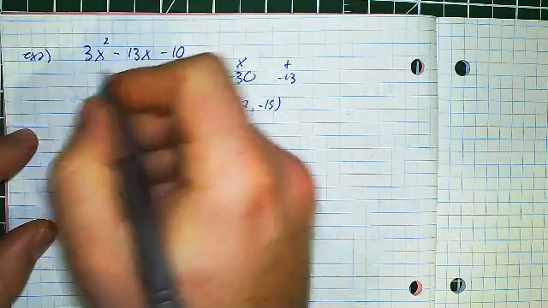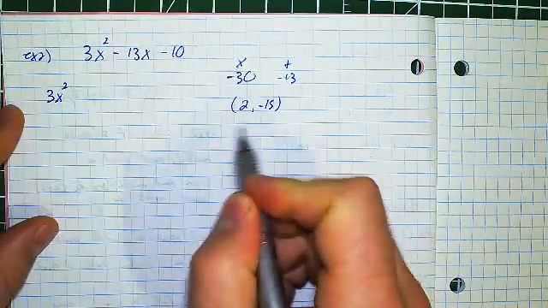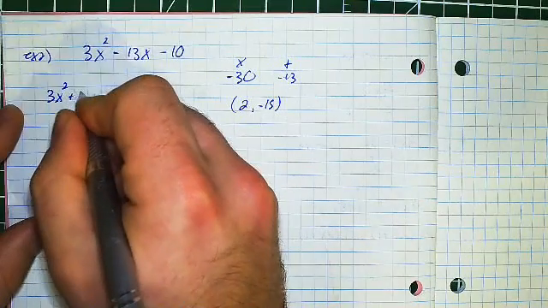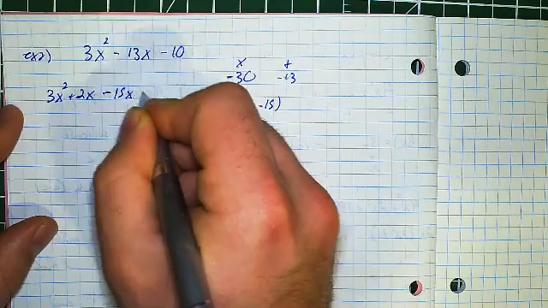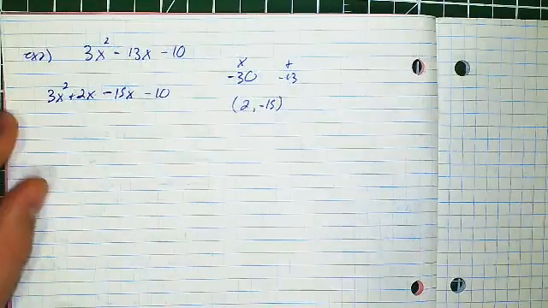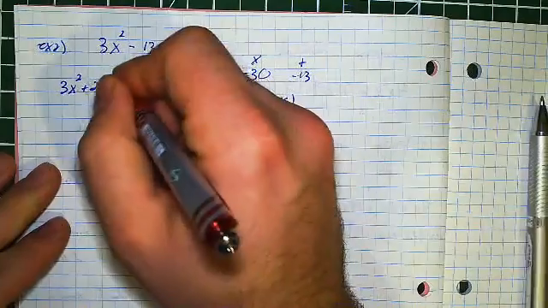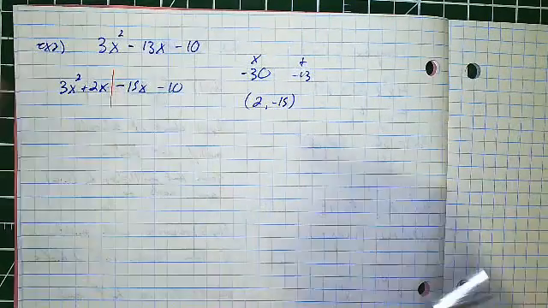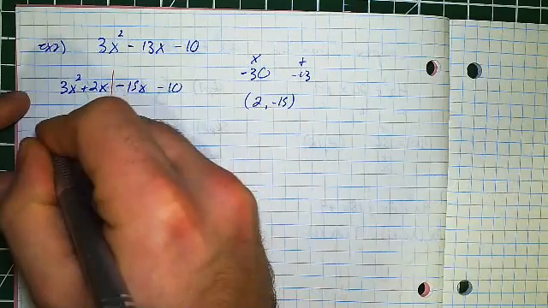I then rewrite this with my middle term broken into its two parts. So 3x squared plus 2x minus 15x minus 10. Okay. Left side, right side, break it apart and see what I can pull out. So 3x squared plus 2x, I can really only pull out an x from that.